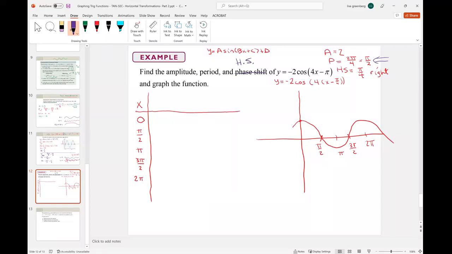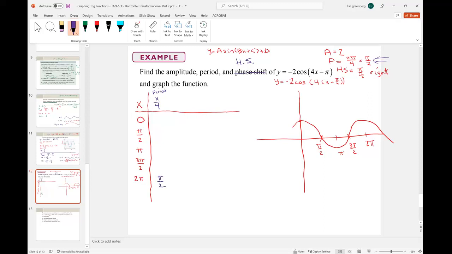So this would be X over 4. This would change the period, right? And the reason I have to do each one of them, remember my period is 2 pi over 4, which is pi over 2. That's my new period.